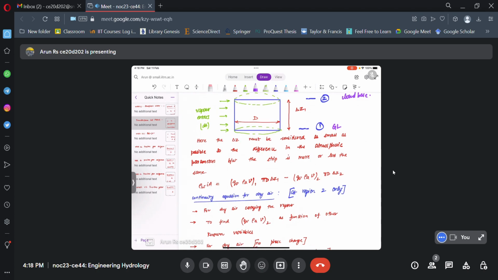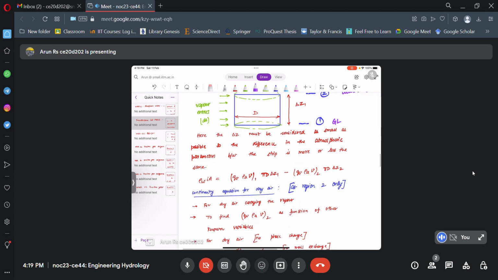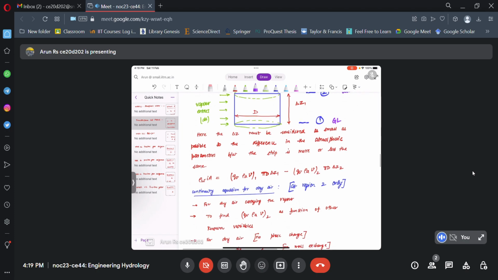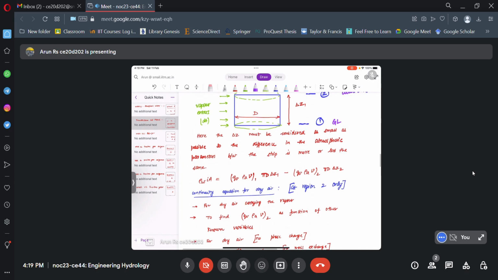So here we need to consider the delta Z to be as small as possible because the atmospheric parameters change with respect to the elevation. When this is considered as small as possible, we can make an approximation and calculate the parameters.